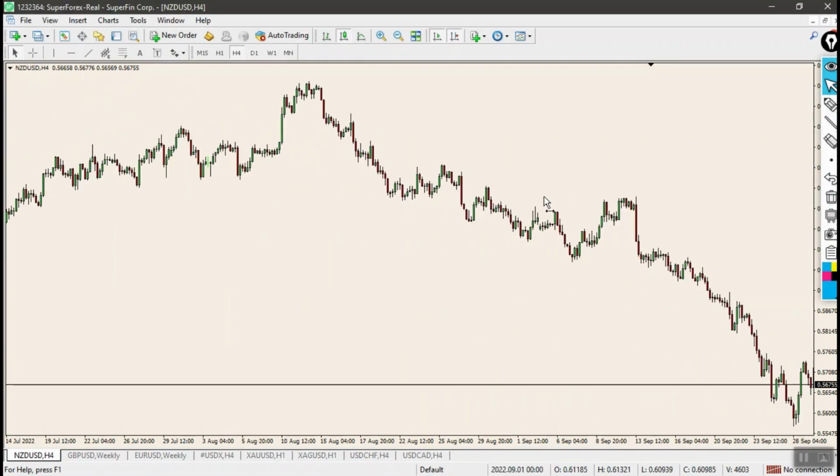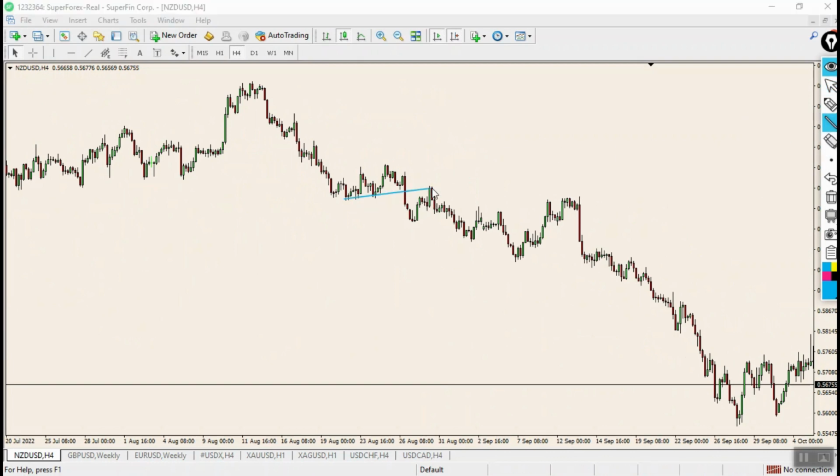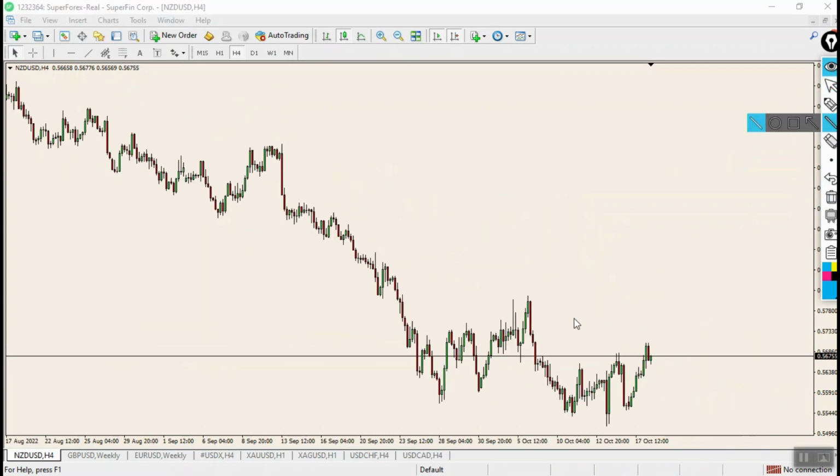Right, on the 4-hour chart, as you can see, we have more continuation patterns down here. Continuation patterns over here, an expanding triangle, another expanding triangle over here, and we have another continuation pattern down here, which confirms that we've been on a downtrend.